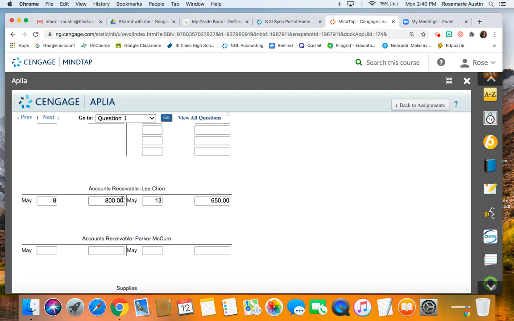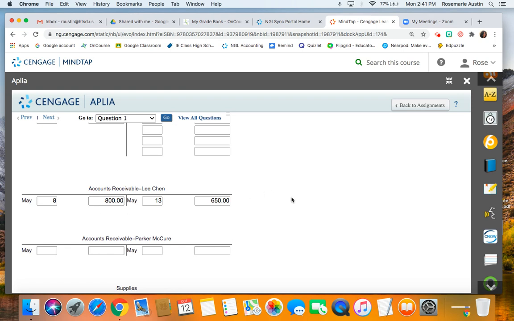He owes us $800. We're going to be receiving cash from him, so it's an asset. On May 13th, he pays us $650. So we credit his account. It'll go down, it'll decrease, and now he only owes us $150, but it's still a debit balance. That's why the normal balance side of any account is equal to its increase side, okay?